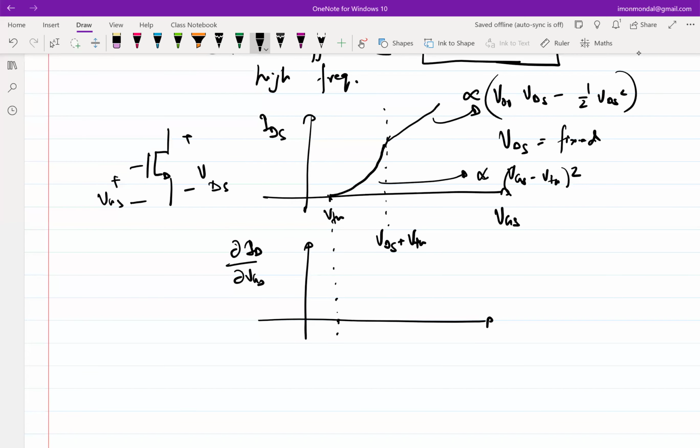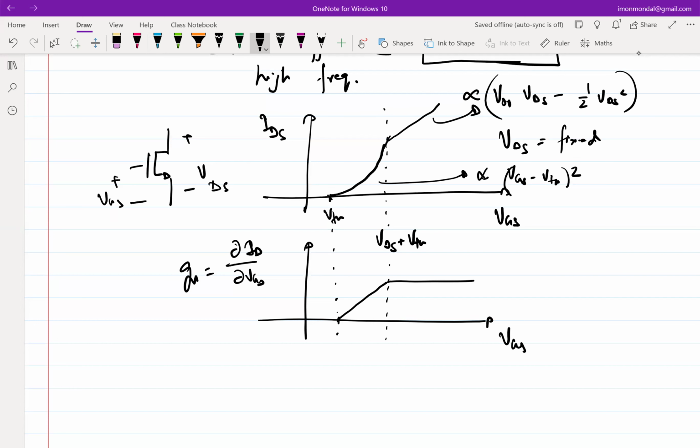Before VTH, it is 0. After VTH, it linearly increases, right? And then it reaches here, and after that, it's constant. So this is GM with respect to VGS.